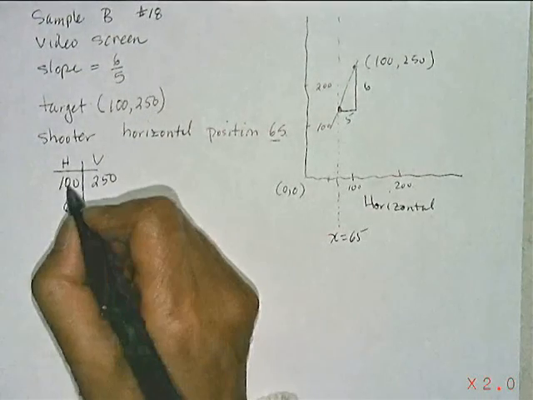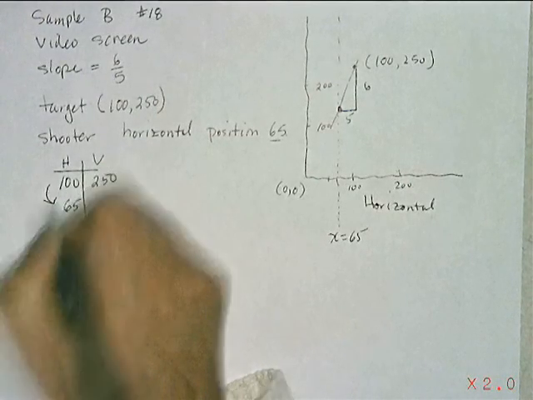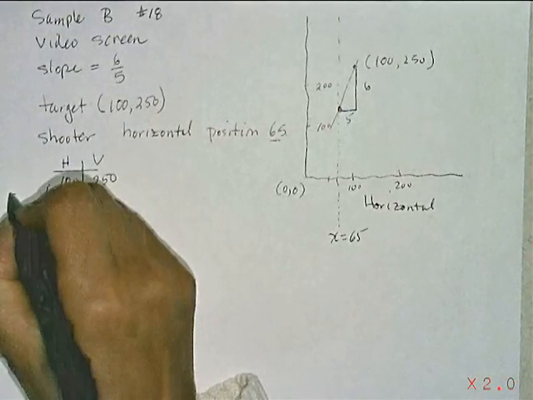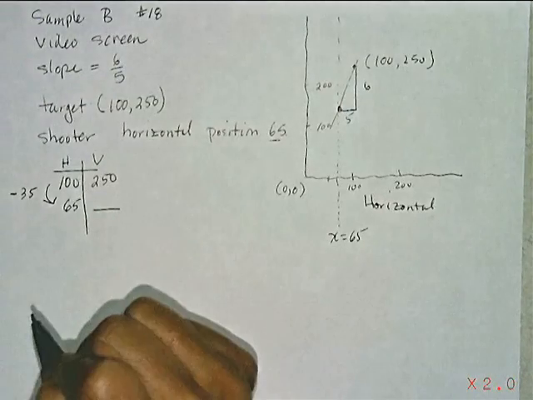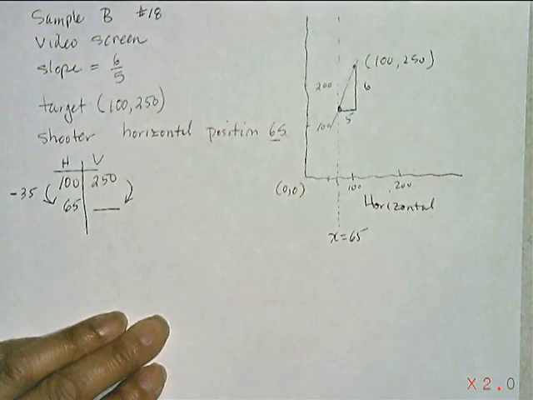Okay, let's do this. To go from 100 to 65, it is going down. Okay, so 100 is big, going to smaller, it is down 35 units. So it's 100 take away 65. Then this distance, okay, I need to know what it's going to be. Well, let's look at our slope.